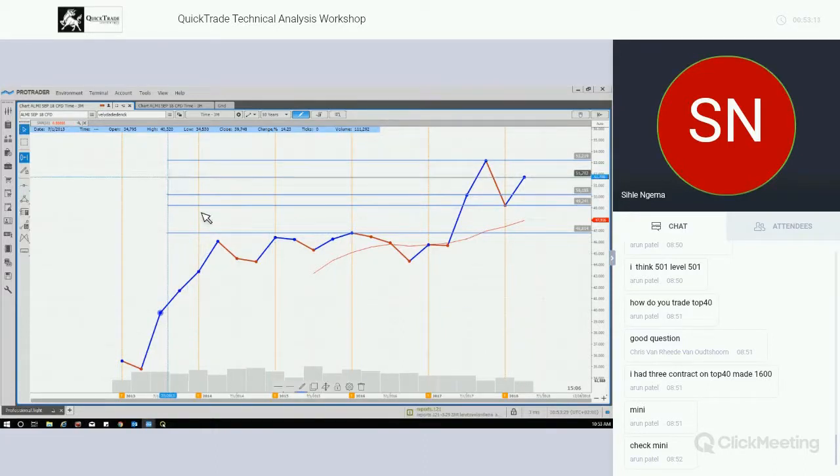I'm going to end up having too many lines, but it's important that we draw these lines, guys. It's very important.